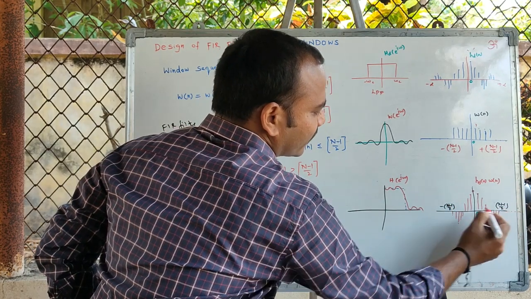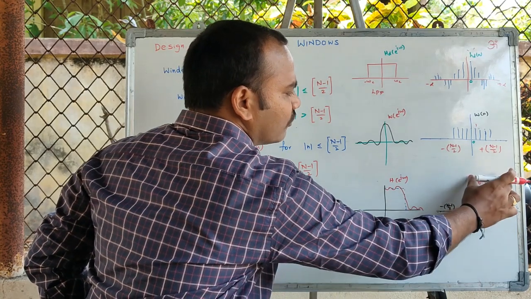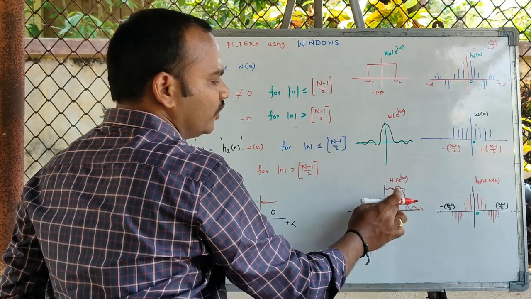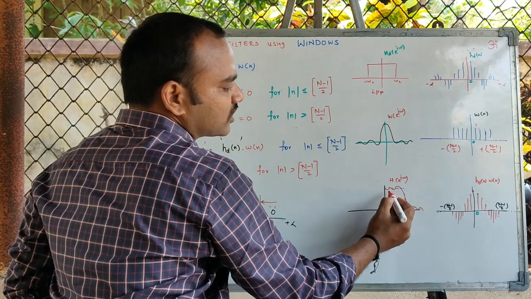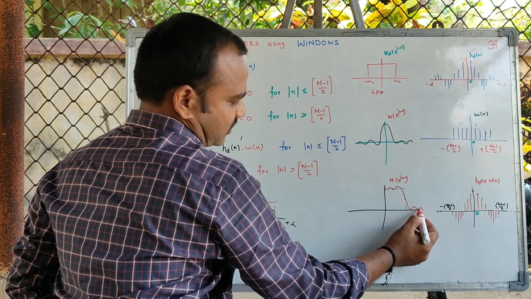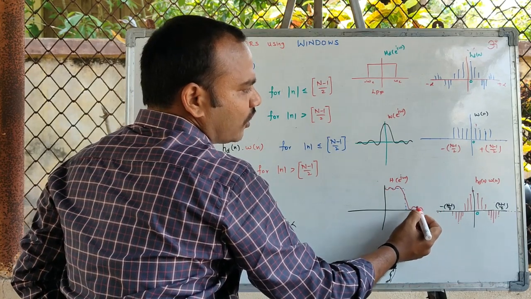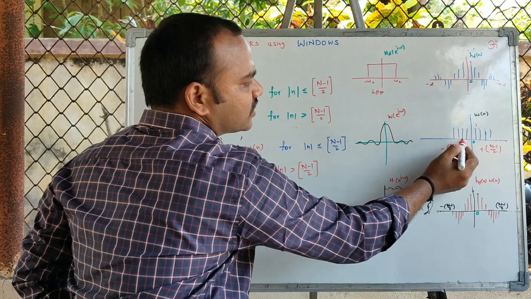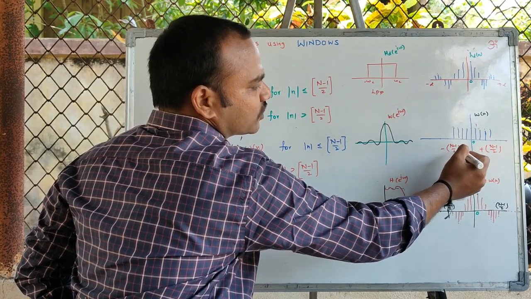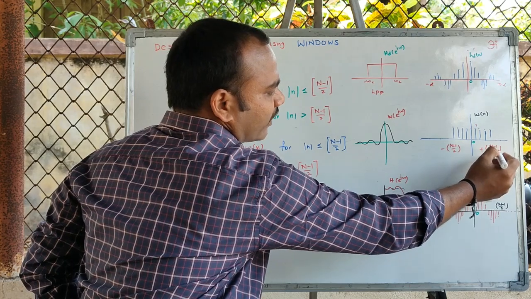Beyond this interval it is 0. Now for this finite duration sequence, if you take the Fourier transform, you can see that it looks like having passband ripples and stopband ripples. These ripples appear because w[n] is defined as 1 in the range minus (N minus 1)/2 to plus (N minus 1)/2.